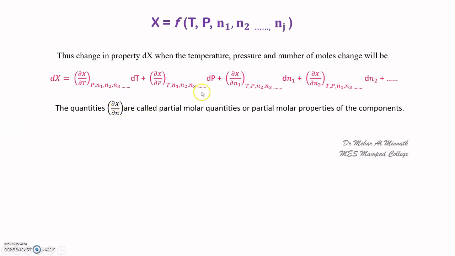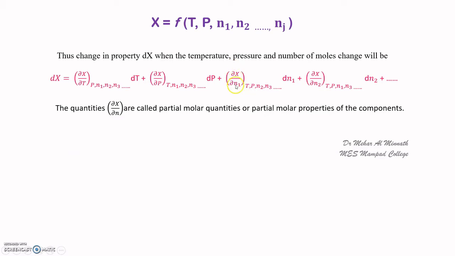Now the quantities ∂X/∂n, that is the third term onwards in the above equation, are called the partial molar quantities or partial molar properties of the components because they are related to the number of moles of the components.